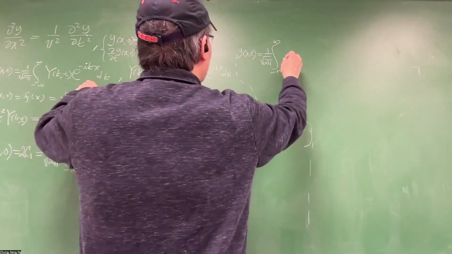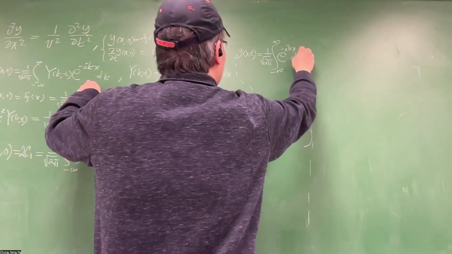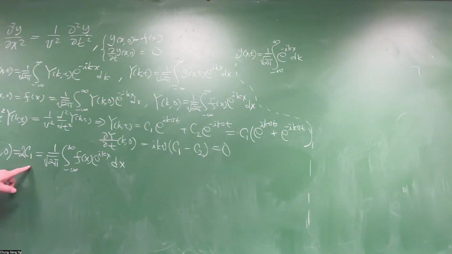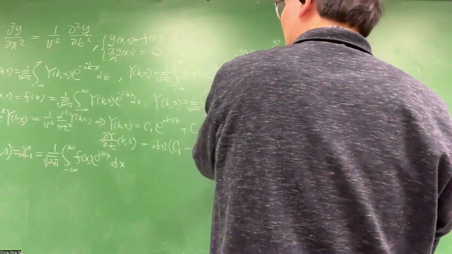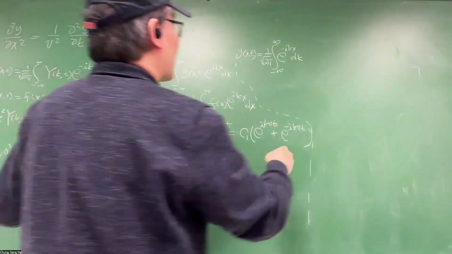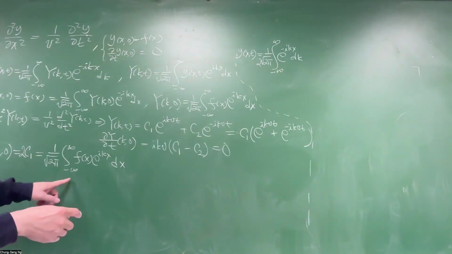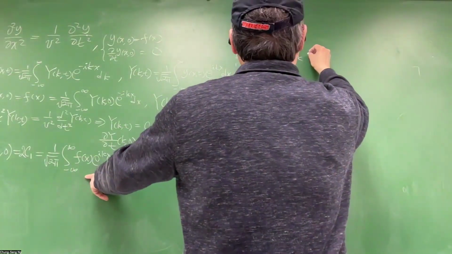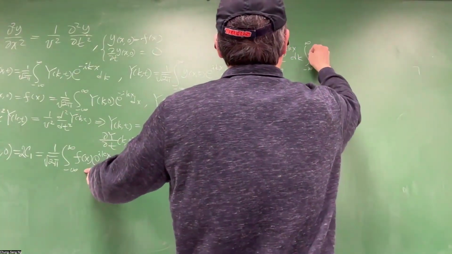So we have e to the minus i k x, and the rest is this one with c sub 1 given by this one. So c sub 1, the two c sub 1, so you have a factor 1/2. And then there's the integration of f.